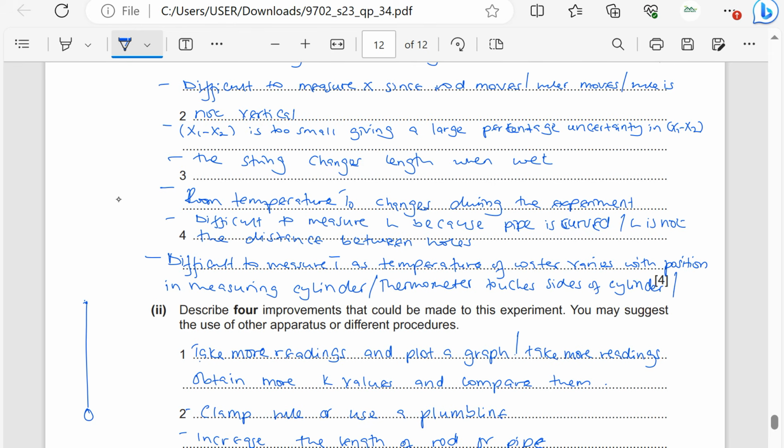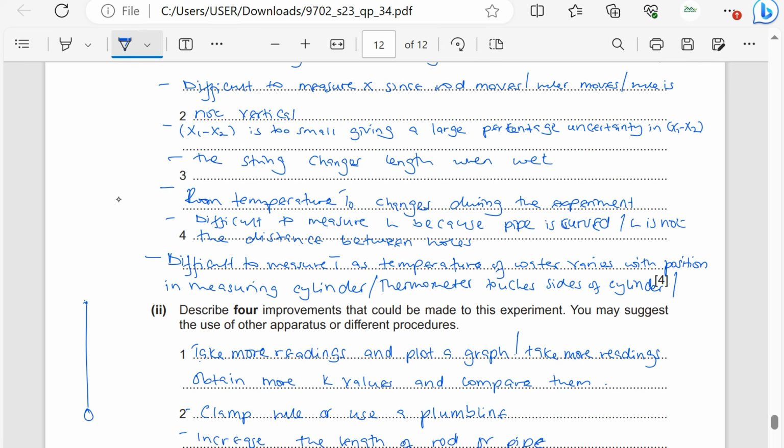You could say you cannot measure X and T at the same time. Of course, you must measure X and T. When you first measure X, then T, by the time you measure T, X is changing.